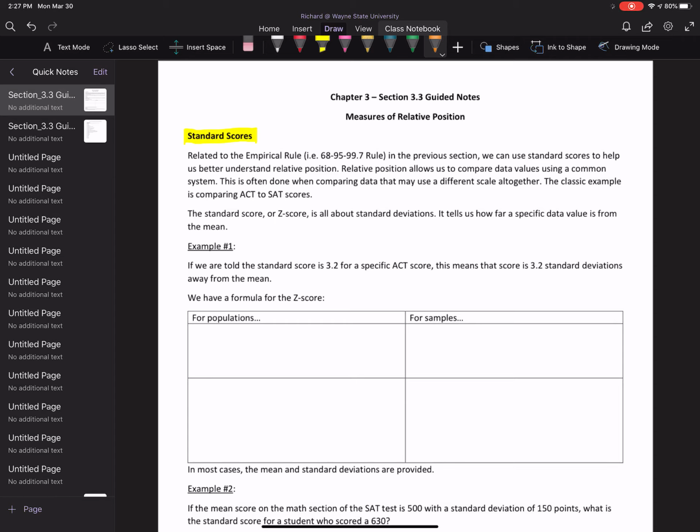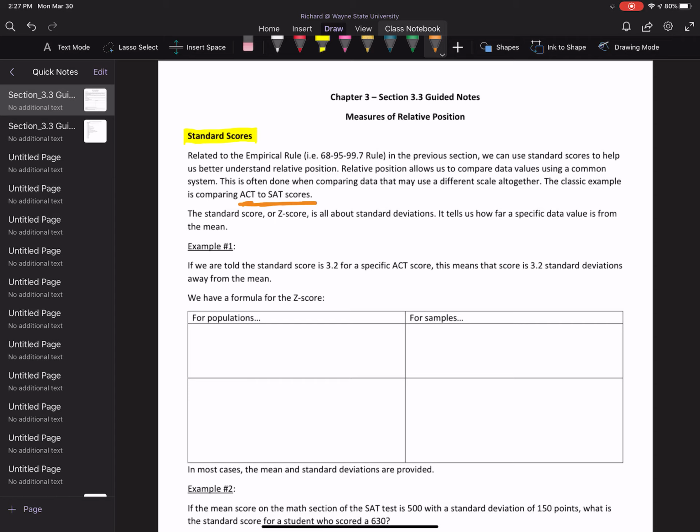One of the classic examples is the ACT versus the SAT, right? Somebody says, I scored a 23 on the ACT, or a 24, and on the SAT, 1100. Who did better in that case? The z-score allows us to do this sort of comparison.